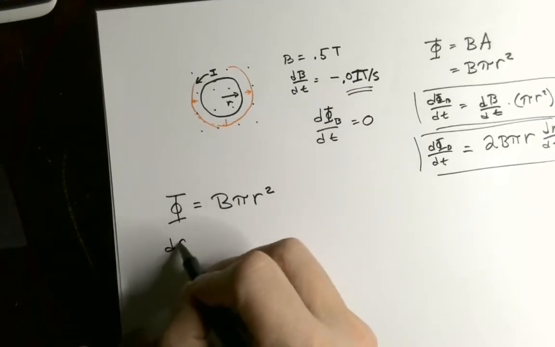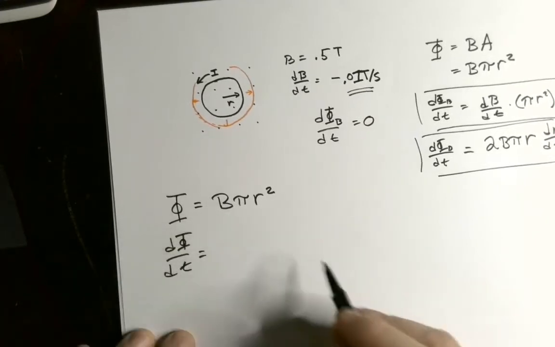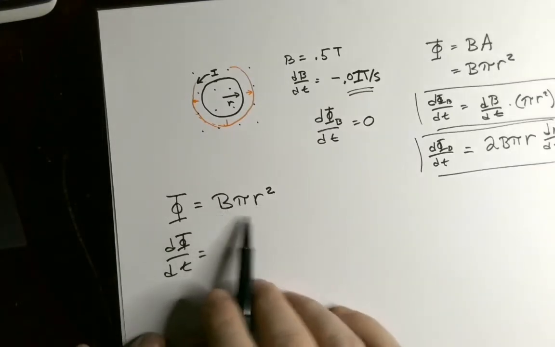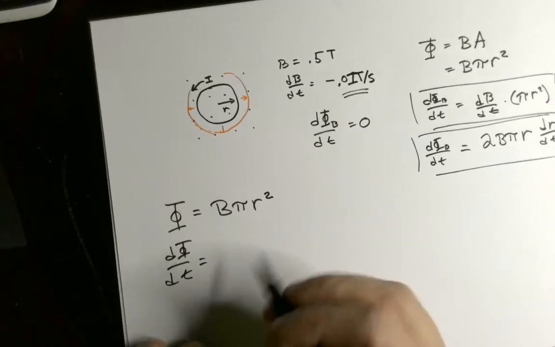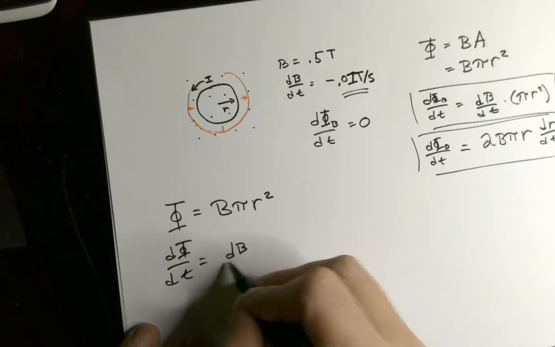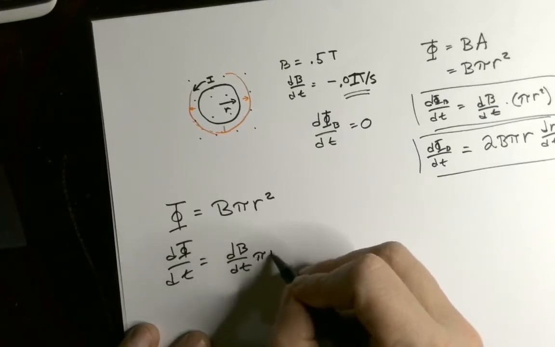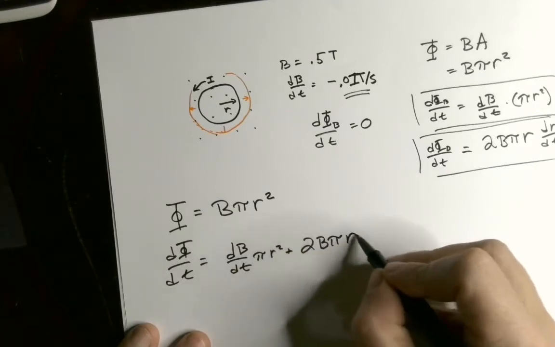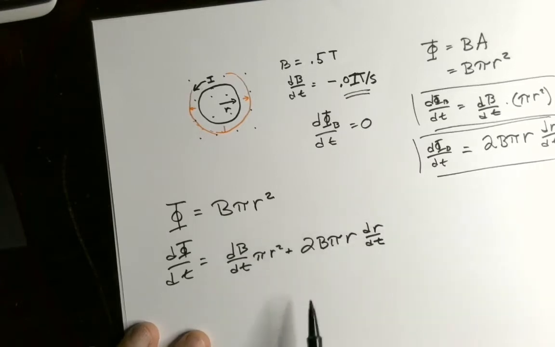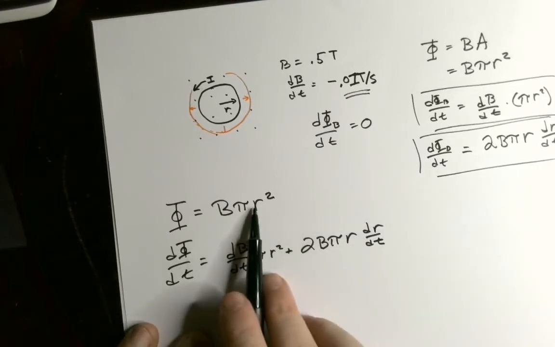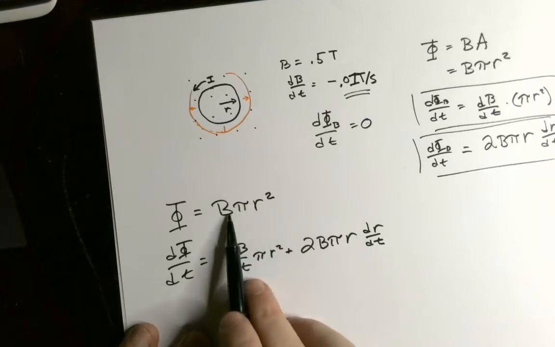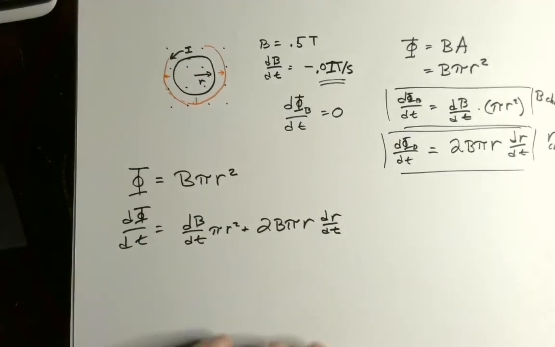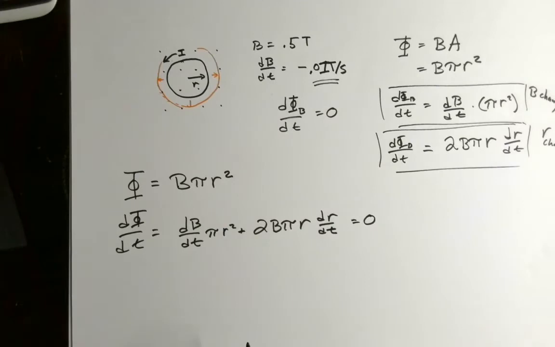The rate of change of that flux, d phi dt, is found using the full product rule and chain rule, knowing that B is not constant and r is not constant. So that would look like dB dt times pi r squared plus 2B pi r dr dt. That's just taking the derivative with respect to r and using the chain rule. So it's B times pi times 2r times dr dt, I just pulled the 2 out front. And that has to equal 0.